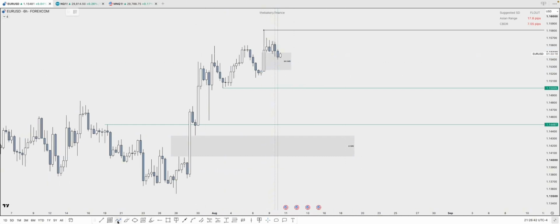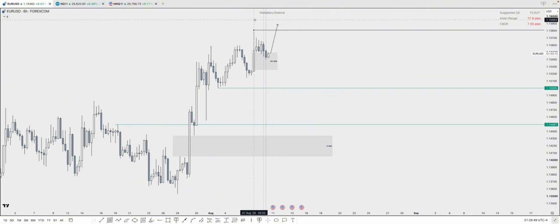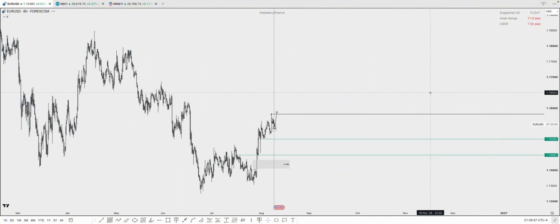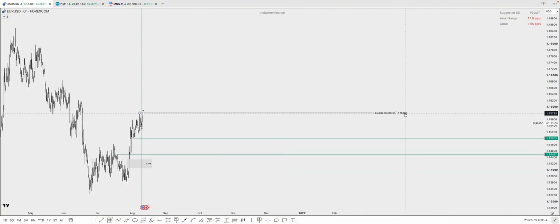So from the level we're currently trading in, I want to see price simply expand, clearing out the previous weekly high, then a possible move lower to the weekly imbalance.